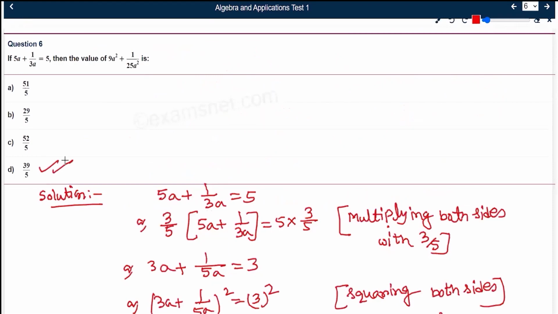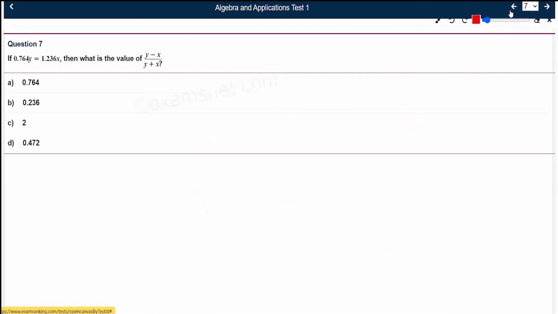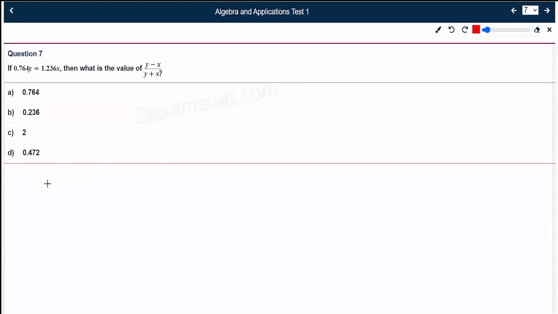Okay, so here let's move towards the next sum. Question number 7 states that if 0.764y equals 1.236x, then what is the value of y minus x by y plus x? So let's start with the solution. Here, let me write the given information first. 0.764y equals 1.236x.